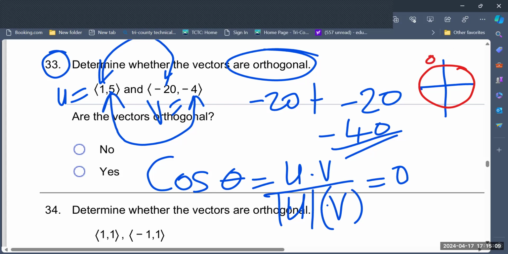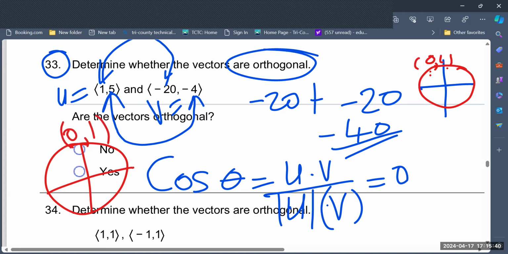Any point on a unit circle is represented by x, y, where x is the horizontal component and y is the vertical component. So x here is 0 and y is 1. Let me draw it here so that we can see better. So this is 0, 1. We just want to remember this.